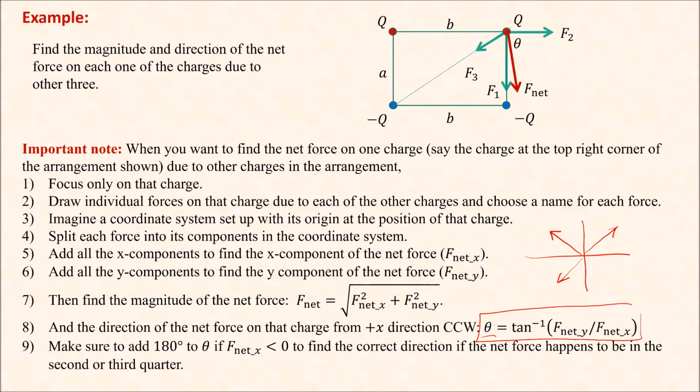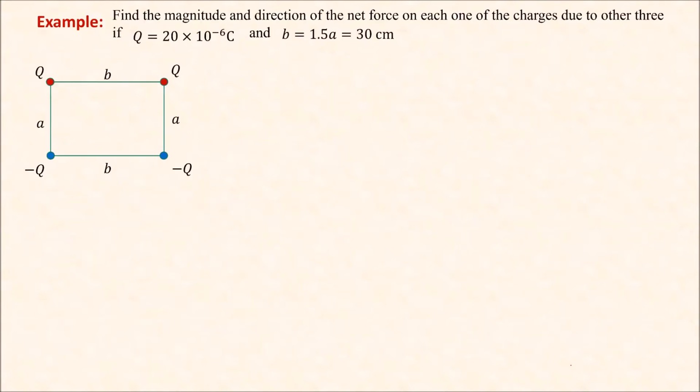So now, as an example, I'm going to calculate the force on the lower right corner charge. If I want to calculate the force on this one, it has three forces on it from the three other charges.